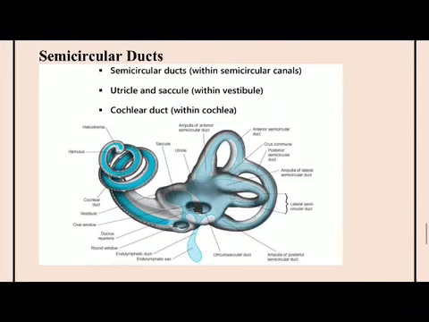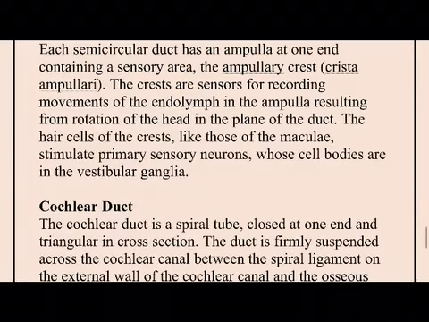So the semicircular duct has an ampulla, a dilated portion at one end, and the ampulla contains a sensory area we call the ampullary crest. Some call it the crista ampullaris. The ampullary crests are sensors for recording movement of endolymph in the ampulla, and this results from rotation of the head in the plane of the ducts.